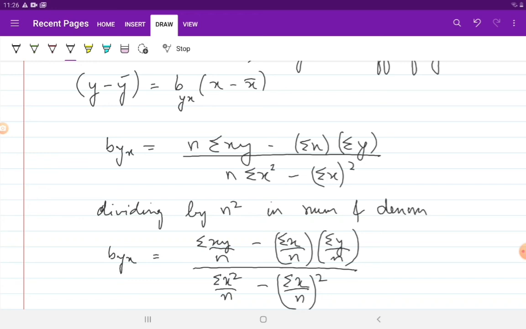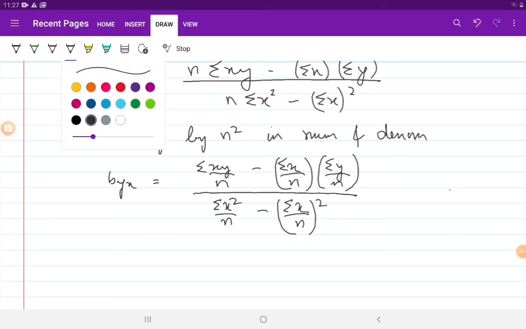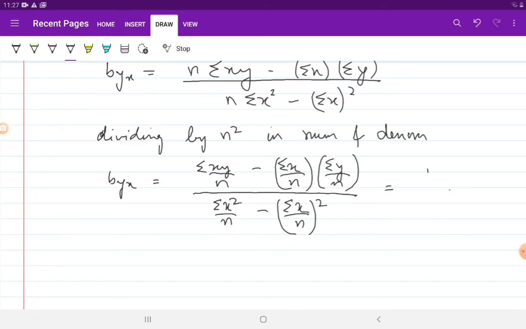I hope you understood where we are going. So this can be written as pxy divided by sigma x whole square.